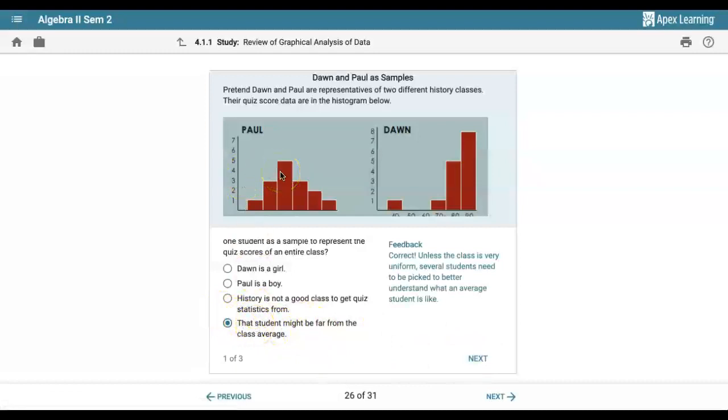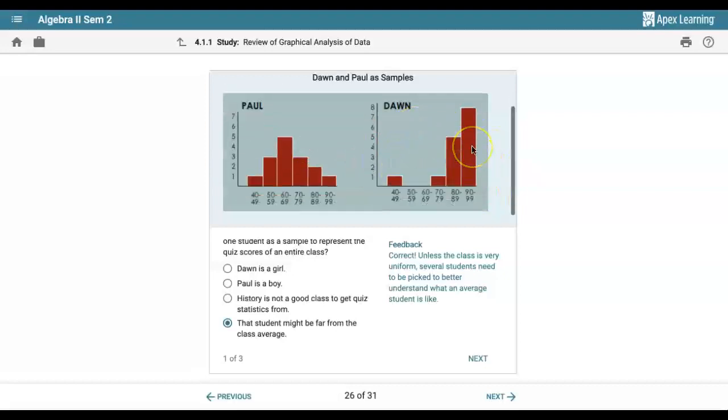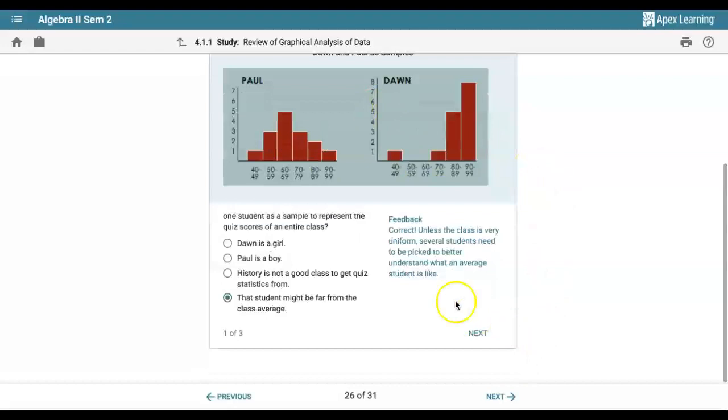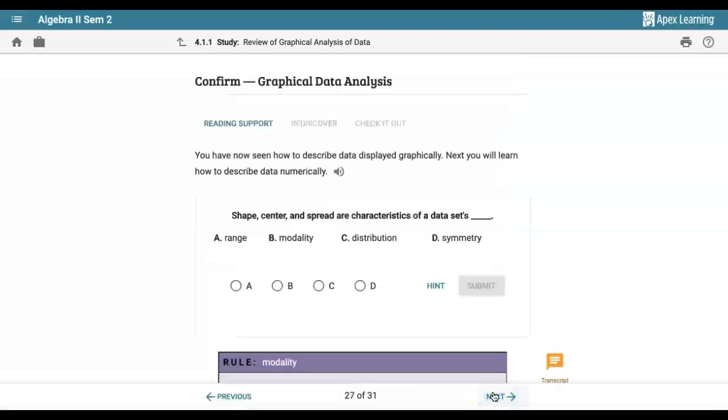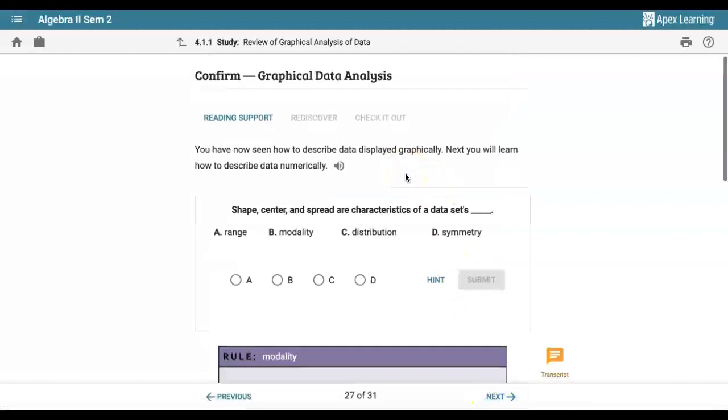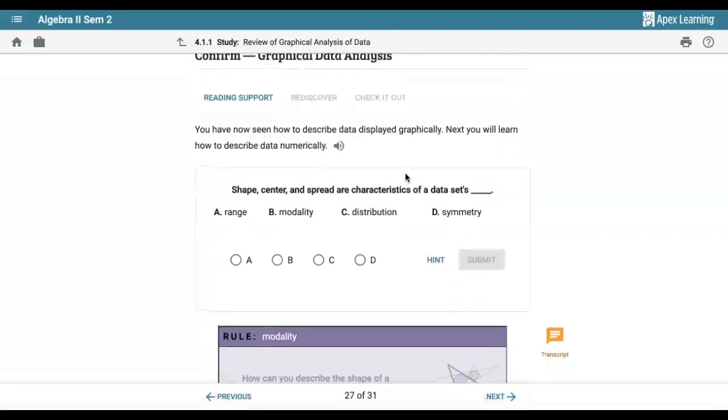Paul might be an average student in his class while Dawn is the superstar, so Dawn might not be a true representation of the rest of the class. Or, of course, Paul might not like history or it might not be his subject, so he might be struggling a little bit more while everybody else in the class is excelling. So you would need to look at several students and see how students in the same class look. And we'll obviously talk more about that later here.